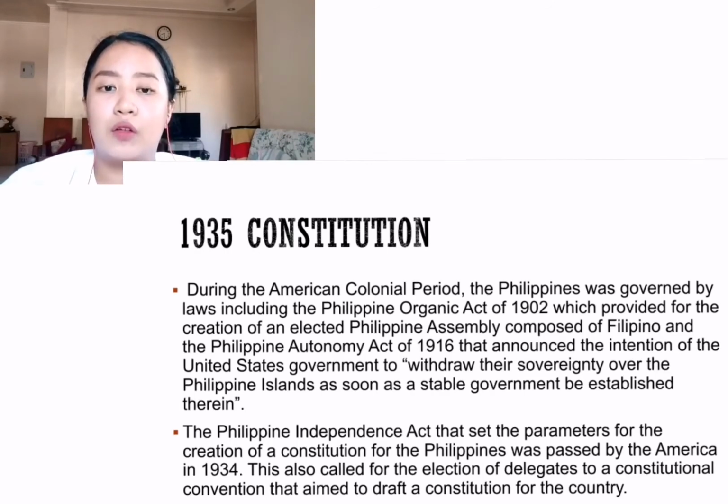During the American colonial period, the Philippines was governed by laws implemented by the past leaders of our country, and that includes the Philippine Organic Act of 1902, which provides for the creation of an elected Philippine Assembly composed of Filipinos, and the Philippine Autonomy Act of 1916 that announced the intention of the United States government to withdraw their sovereignty over the Philippine Islands as soon as a stable government be established therein.